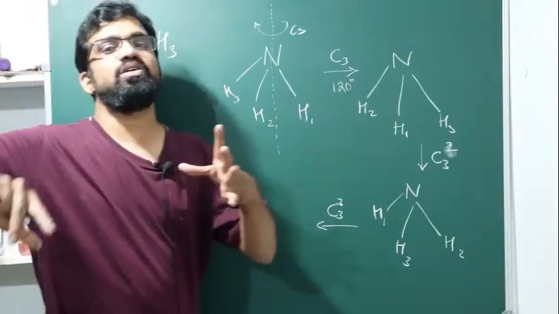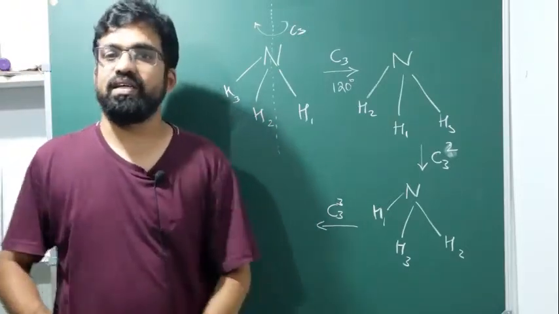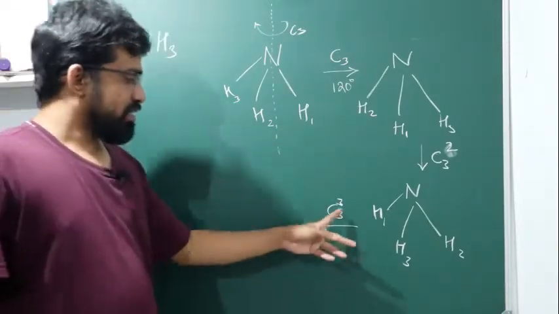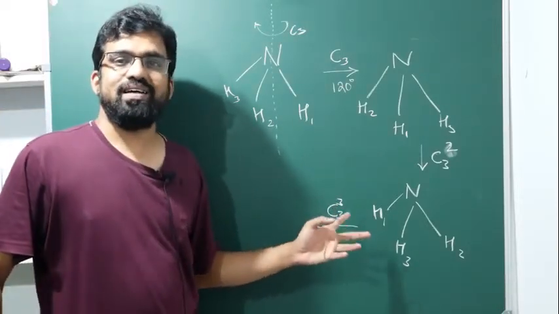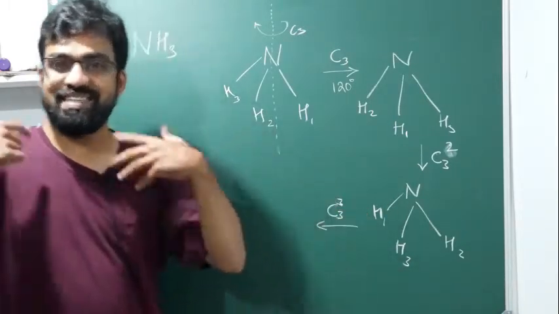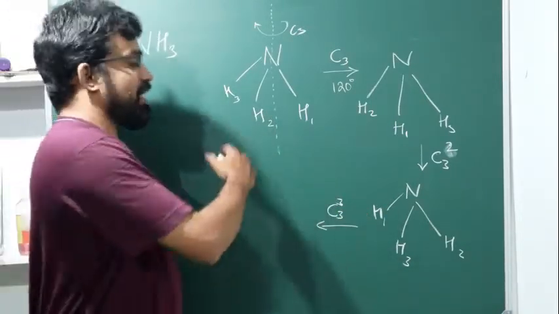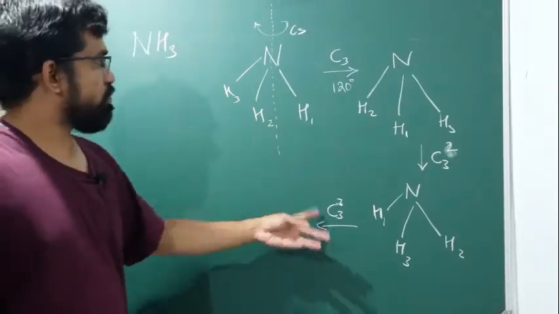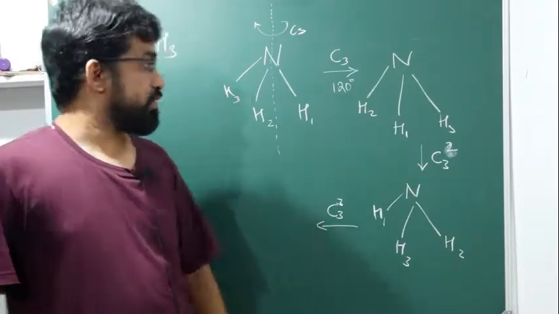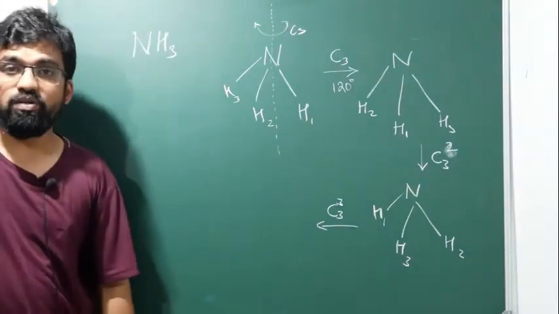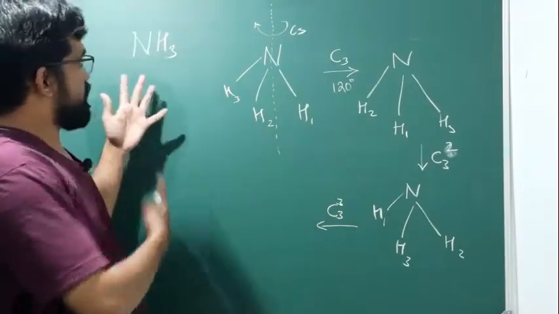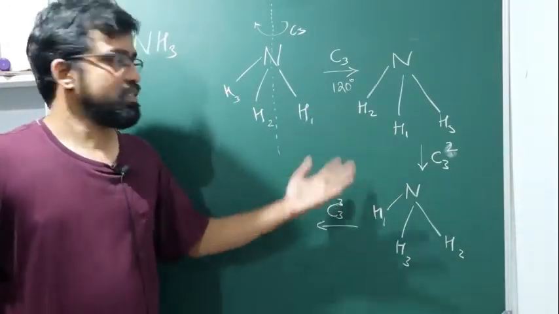One more thing, let me tell you: C3 cube means you can divide 3 by 3, that is 1, so it is C1. So it is the identity operation. So C3 cube is the identity operation. Okay, this is clear. Now, whether C2 is there, C1 is there, C3 is there.